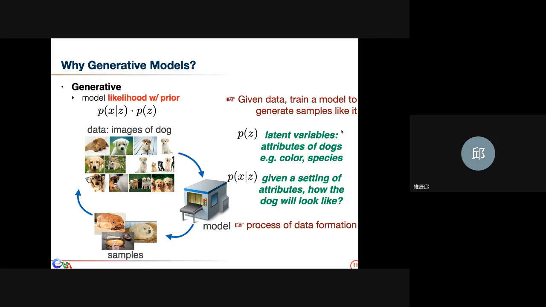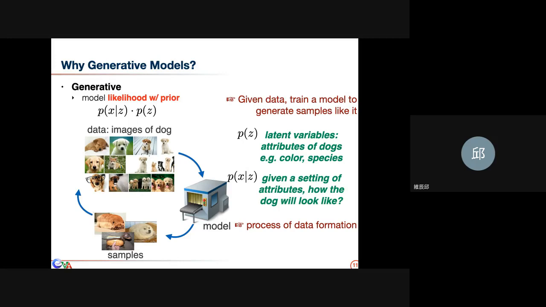Based on this generative procedure, or we say the process of data formation, I can generate a lot of samples. But maybe in the beginning of training your generative model, your model is not good enough. Then you might generate some images like this. They look like dogs, but maybe it's like a toast, just like a hot dog, right? They are not that similar to the data you are given.